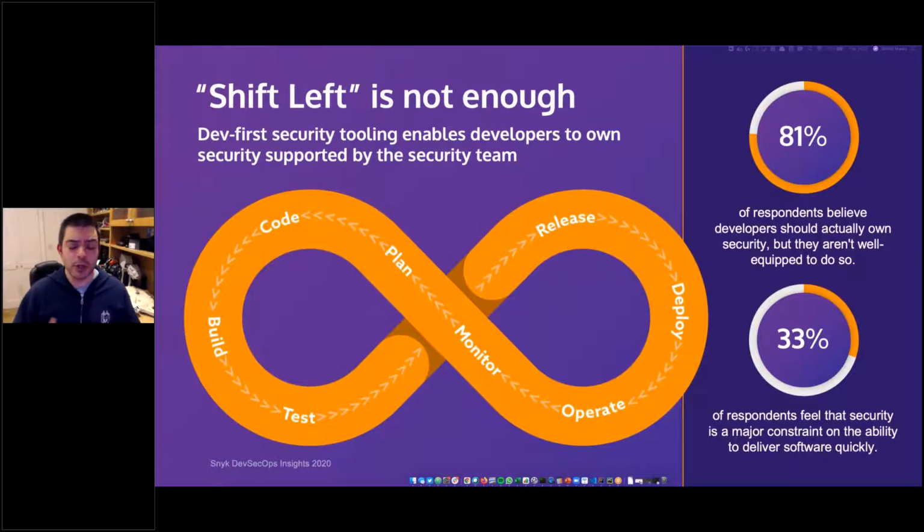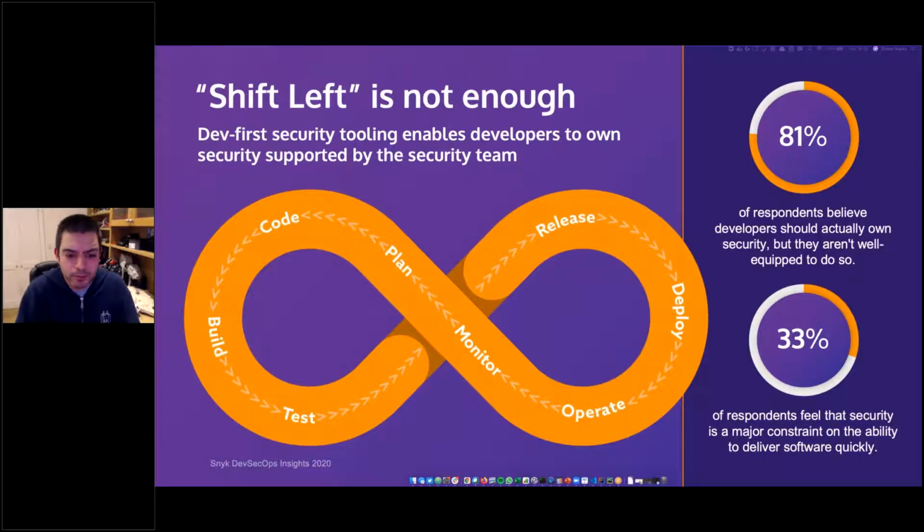But this is interesting, because we also asked who should own security, and the vast majority, over 80% of people, think developers should own security. And this is not just of their code, but of everything that they create. So this then asks the question, well, how do we do this?